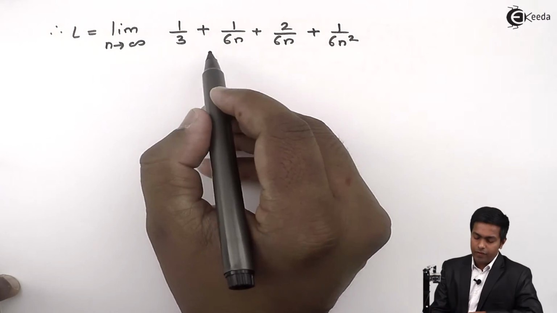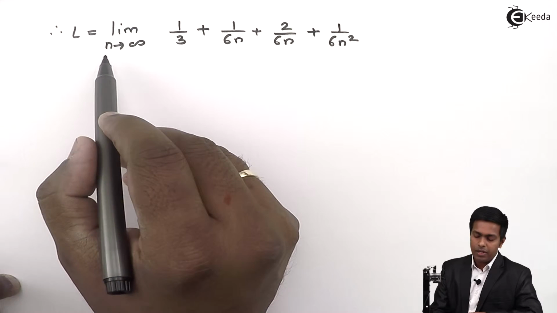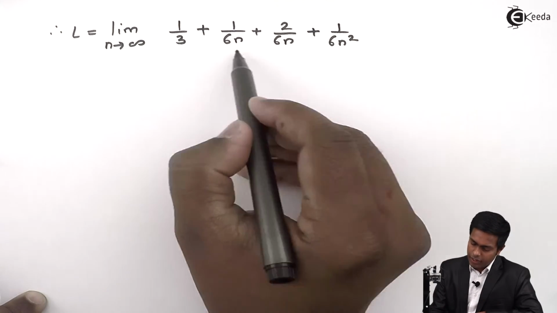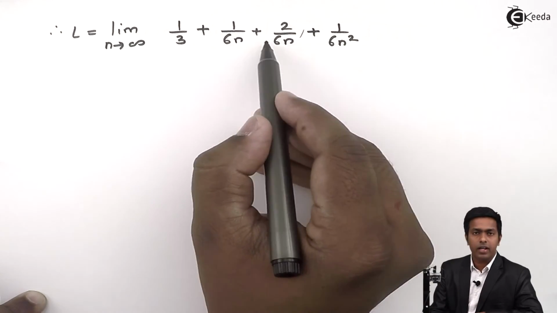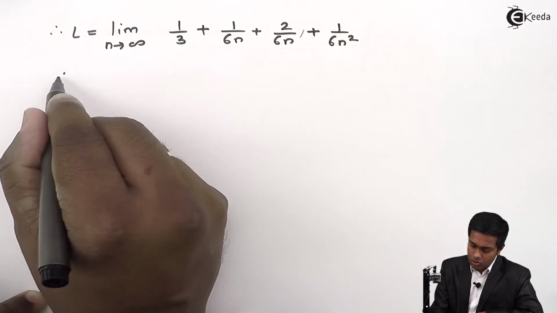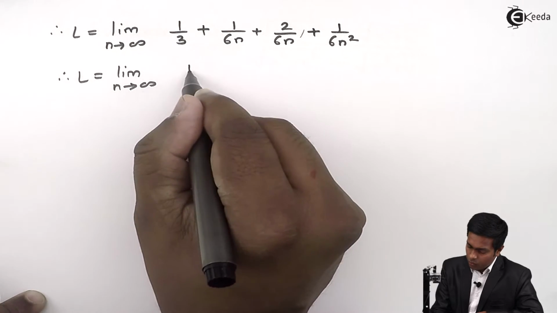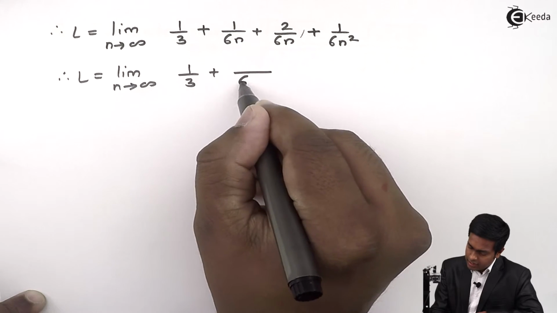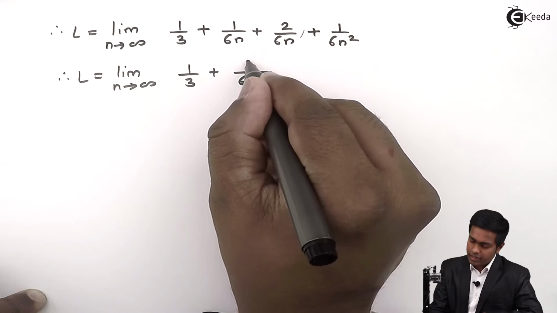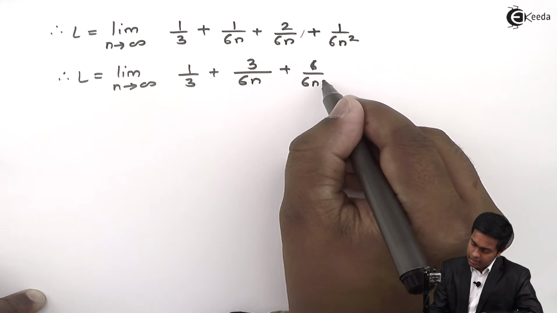Now since we have simplified the terms, if you observe the middle two terms, the denominator is the same, that is 6n. So I can write the denominator once. So I'll get L as limit n tends to infinity of 1 by 3 as it is, plus 6n in the denominator and in the numerator 1 plus 2, that is 3, plus 1 upon 6n square.